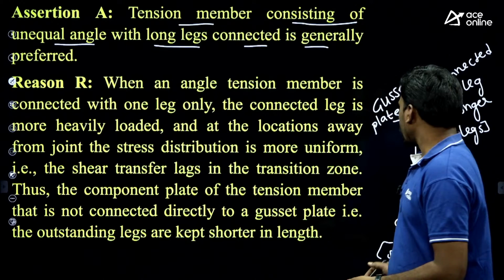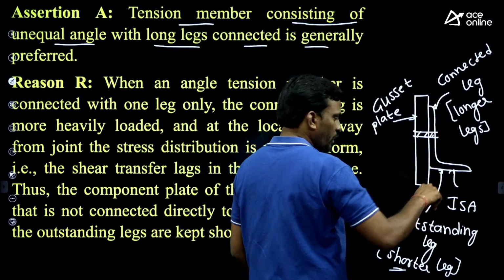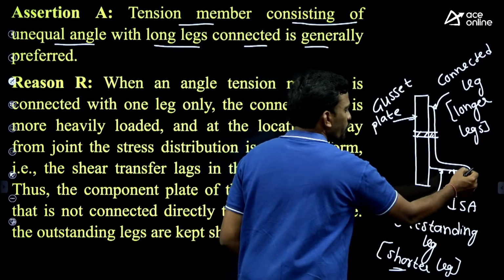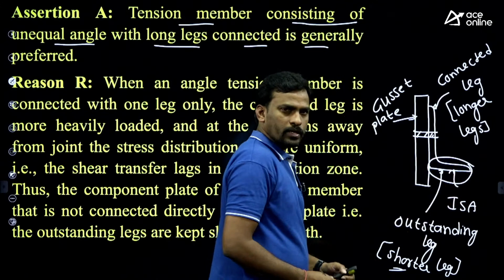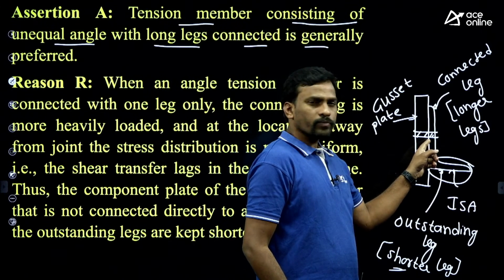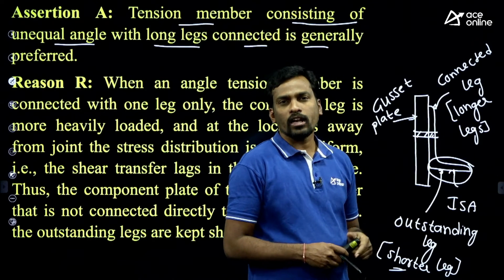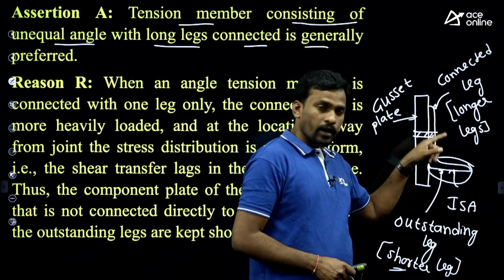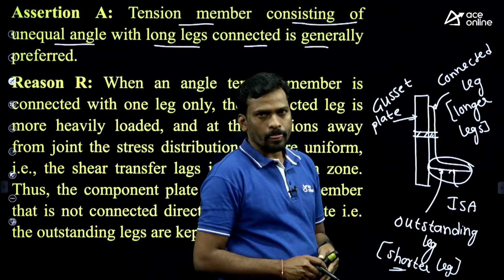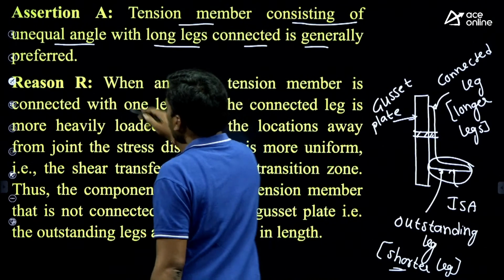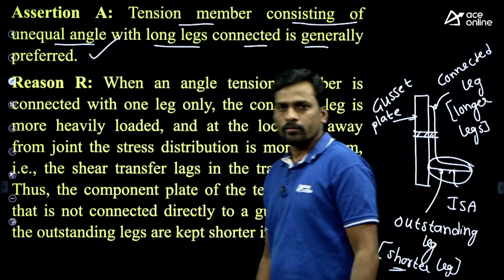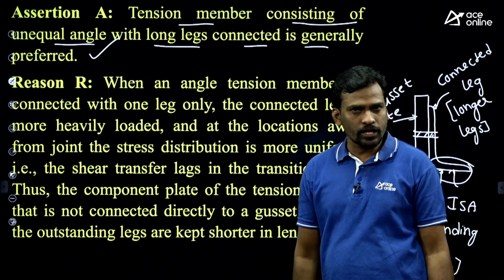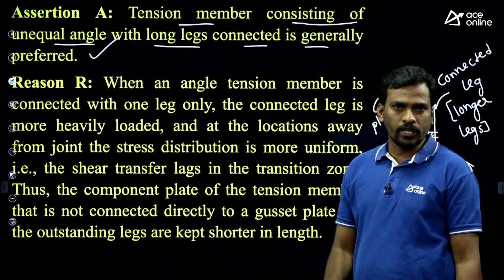Strength is reduced because of the outstanding leg only. It means the connected leg takes more tensile force and the outstanding leg takes less. So the assertion is correct: always prefer unequal angle section, and the longer leg is generally connected.